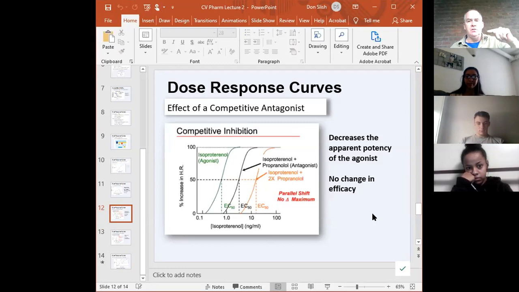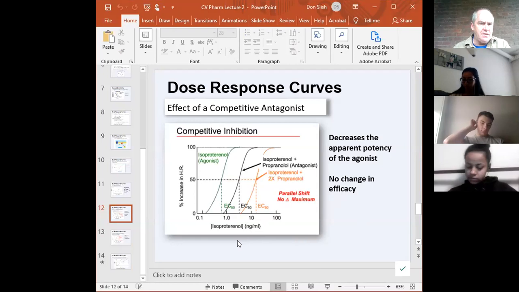So when the agonist pops off the receptor, there are way more antagonists around, so it's most likely an antagonist is going to jump on there. So that's why we call it competitive. Whichever one is in higher concentration wins. Of course, it also depends on the KDs of the two different drugs. But in general, they're competing for the same site, so the higher concentration is going to win.